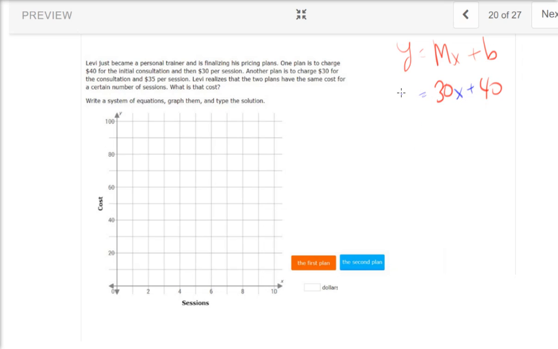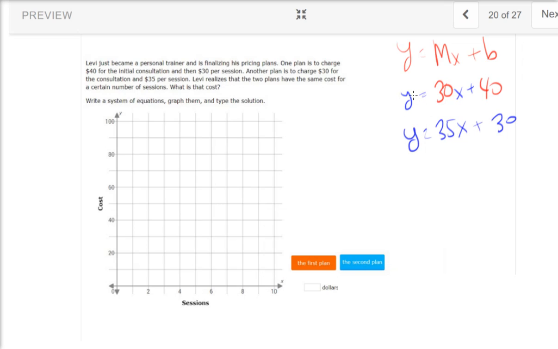That's going to equal y. And Levi has another option. He's got another plan to charge $30 as the initial fee, the consultation they called it, and $35 per session. So 35 plus 35 plus 35, depending on how many sessions there are.